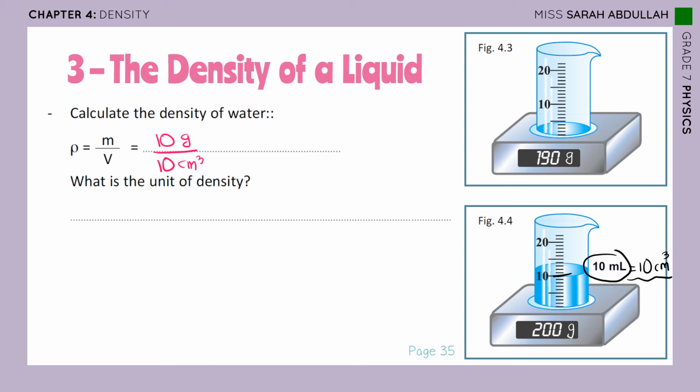You guys can put milliliter or centimeter cube, but I'm using this one. I will be explaining this later. So this is equal to 1 gram per centimeter cube. So what is the unit of density? In this case, it is gram per centimeter cube.